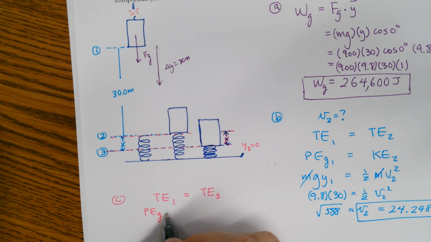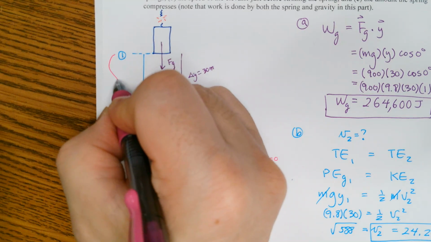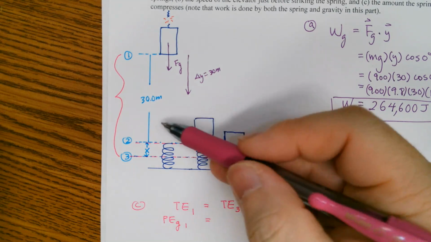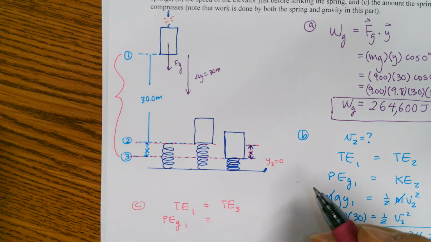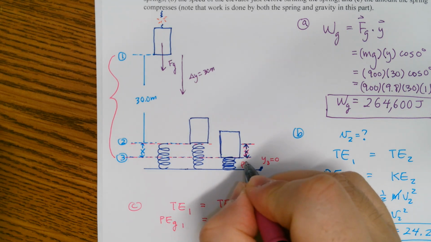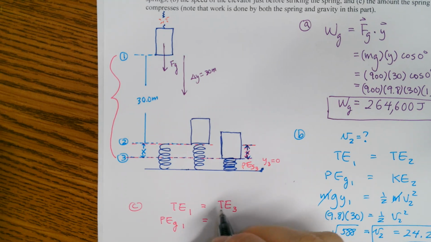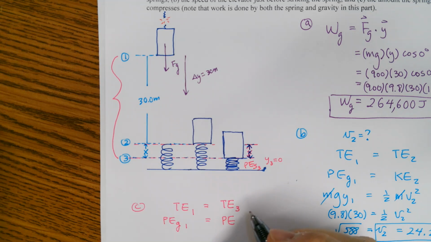However, this is the new height for my h3. Okay? Here, I only have potential energy of spring at 3.